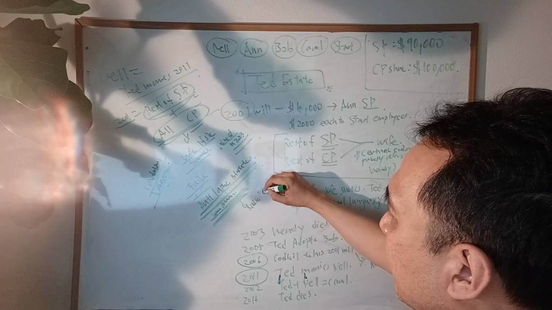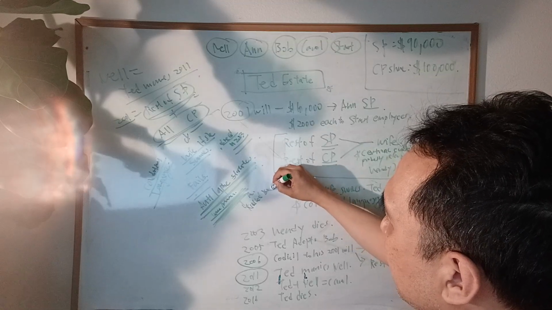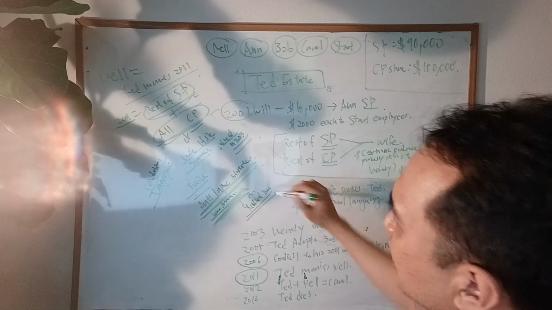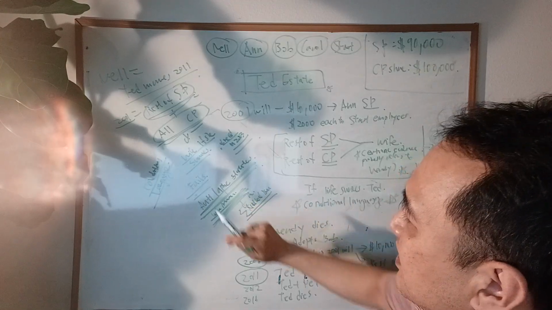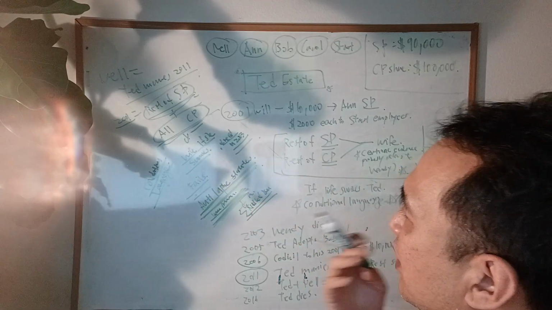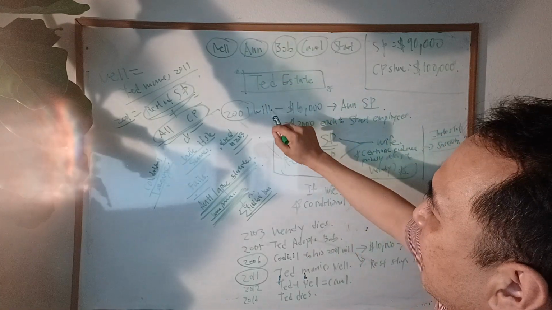That's the anti-lapse, right? Meaning issue, blood related issue. But this issue won't even be discussed here since that conditional language wasn't triggered, meaning she didn't survive Ted.